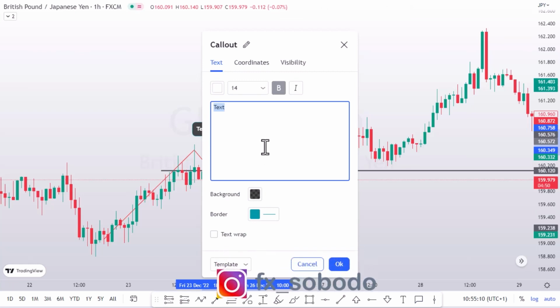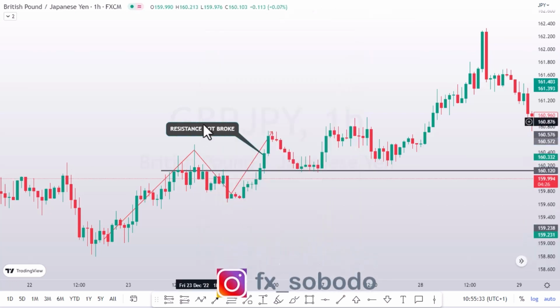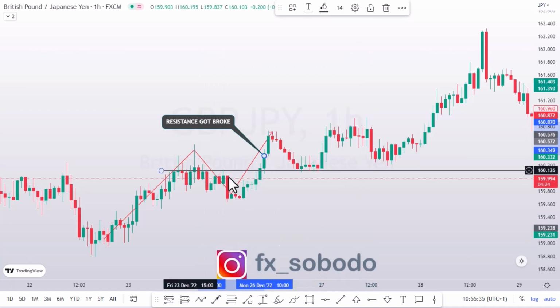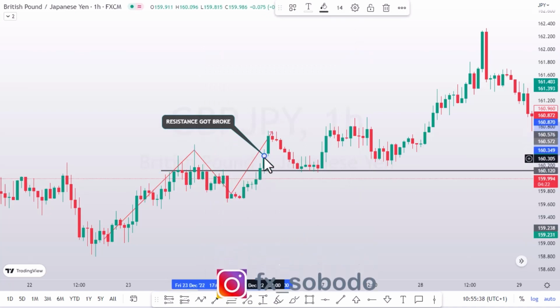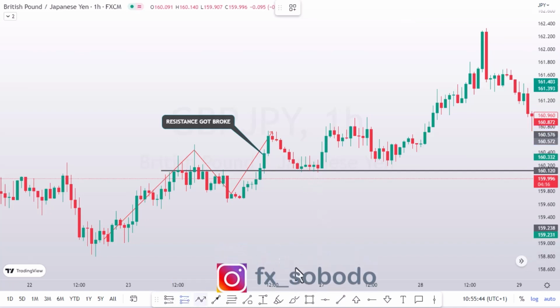Resistance got broken at this level. And what happened? Upon coming to retest, we risk nothing more than 30 pips.